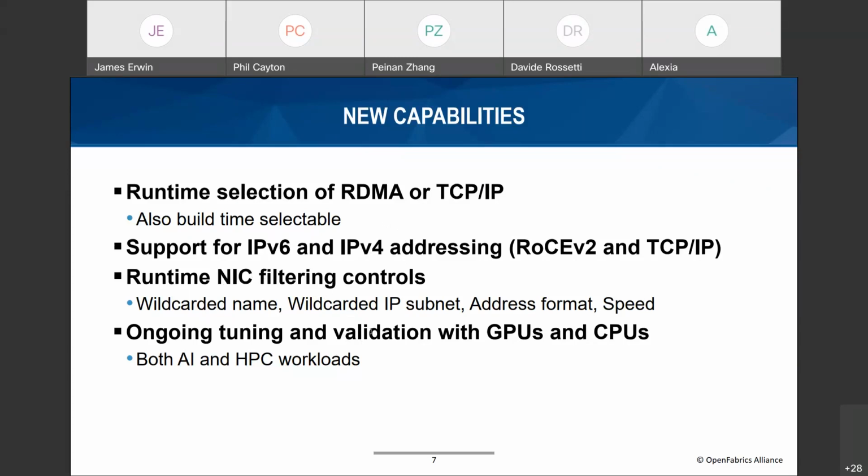Oftentimes largely found in benchmarking clusters, but also, if you have various types of network technologies and you want to run PSM3 over different networks that are available, we can filter those NICs in terms of wildcards, subnets, address formats, or even NIC speed. And then we have ongoing tuning and validation with CPUs and GPUs, which I'll be showing a little bit of today in the performance section.